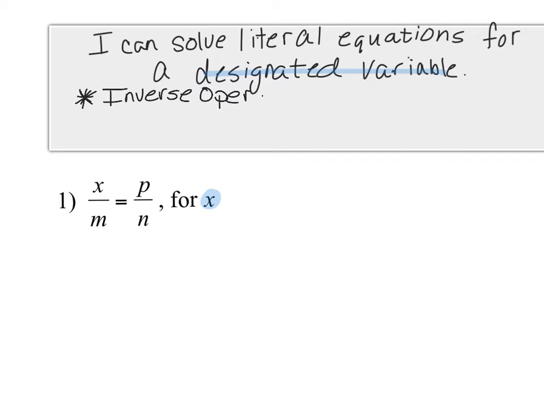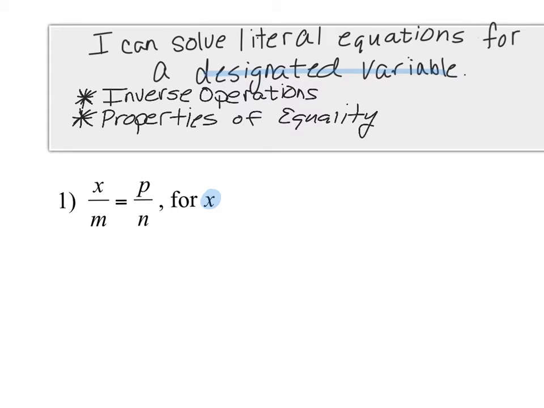Remember, inverse is the fancy word for opposite. And you've got to use your properties of equality, which just means what I do to one side, I have to do to the other side. So you're not doing anything that you don't deep down already know how to do.